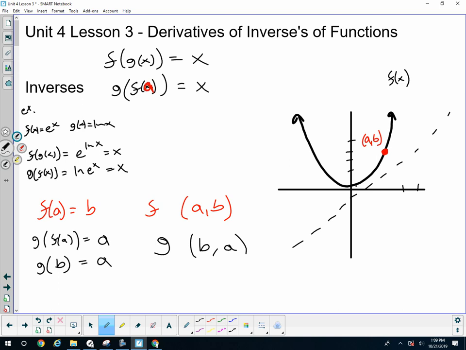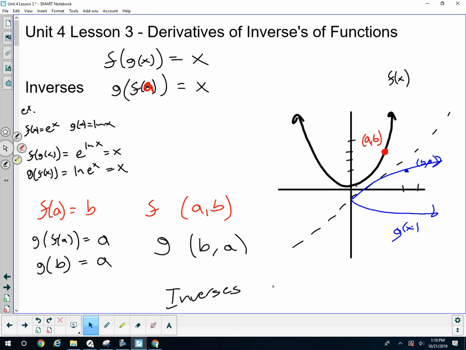Our y is going to end up equaling our x, and the flip-flopping occurs. So b, a would be around there. And you would see this kind of graph of g, the inverse to f, where the points are flip-flopped. And this is important. Inverses have flip-flopped points.